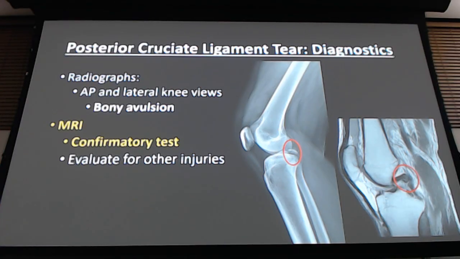I just want to make sure you're aware, when you're on rotation, if somebody tells you there's a multi-leg injury, you may not have the skill set just yet to be able to do a complete assessment for ligamentous injuries, okay? Because there are other tests that we don't teach you to evaluate posterior lateral corner, okay? Dial test, things like that, okay?